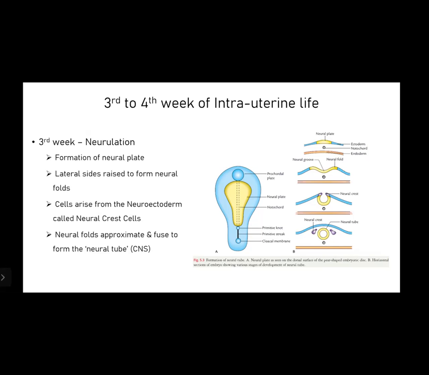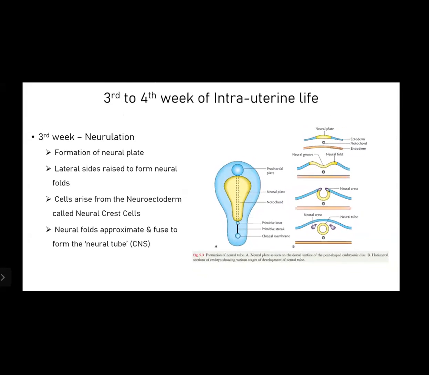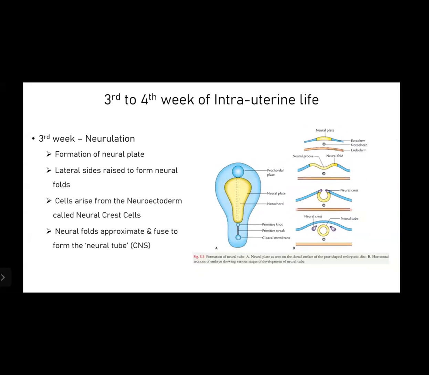Then you have another structure at the back over here, which is the future anus, and that is the cloacal membrane. Again, that consists only of endoderm and ectoderm. All right, so these are the two areas where you have only these two germ layers. So everything's okay till now?